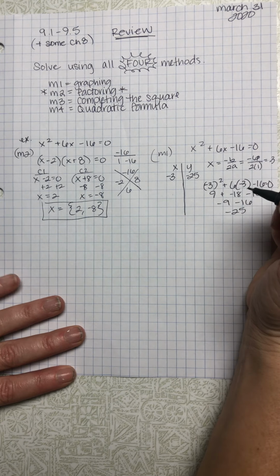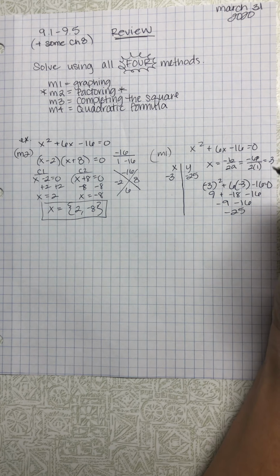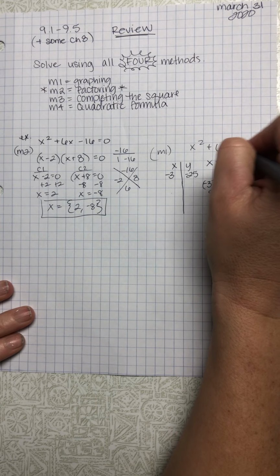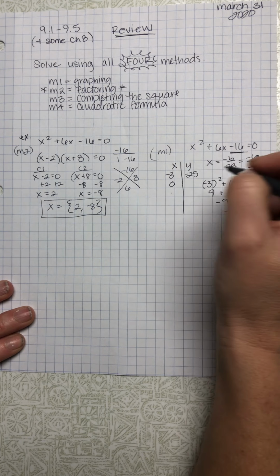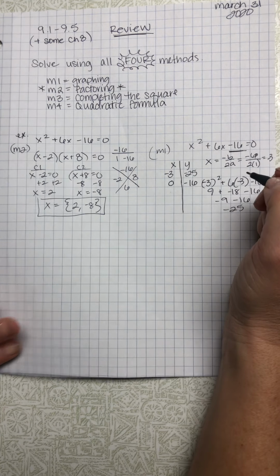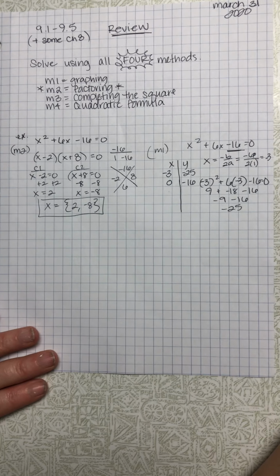Okay. And then remember, if it's in standard form, this is the y-axis, so there's nothing on the x. We'll be at negative 16 on the y.